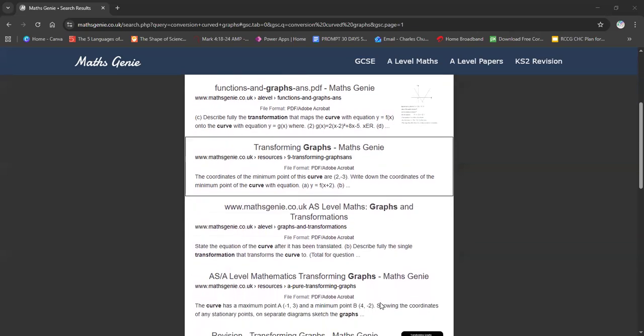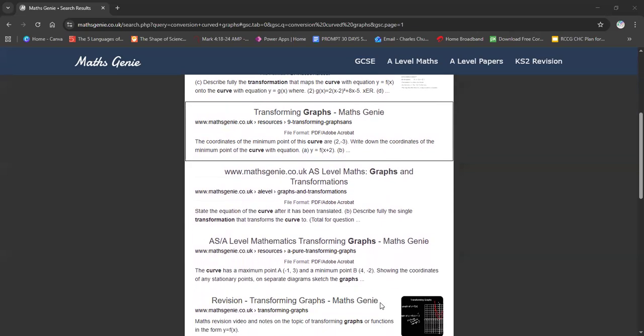No, not really. Were these similar to what you found when you were checking on Genie before we started? I'm not sure. Transformation? This one is talking about transforming graphs. I think so.